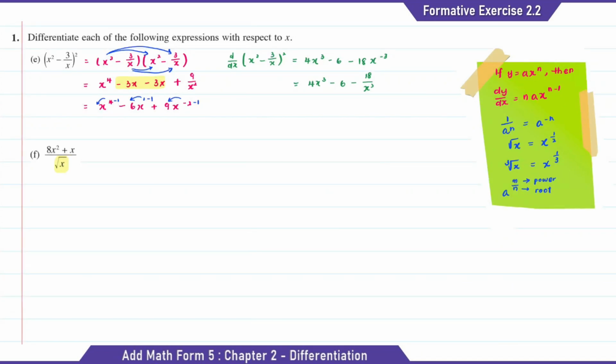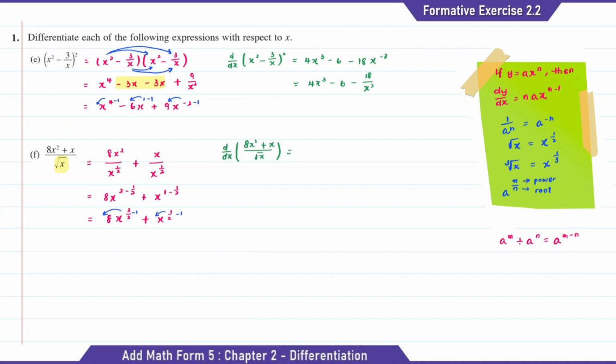As square root of x is x to the power of 1 over 2, then I can write this as 8x squared over x to the power of 1 over 2 plus x over x to the power of 1 over 2. Now, using the law of indices, this is equal to 8x to the power of 2 minus 1 over 2 plus x to the power of 1 minus 1 over 2. The answer will be 8x to the power of 3 over 2 plus x to the power of 1 over 2.